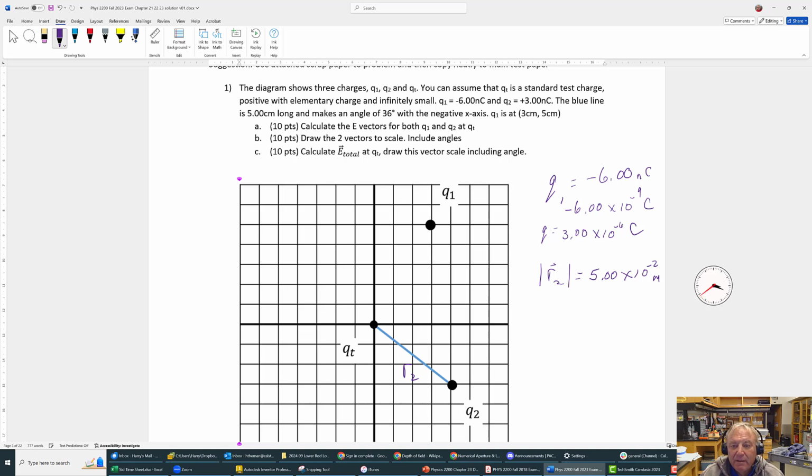Okay, and okay, I see where R2 here. We're gonna say that this is, let's call this angle 1.